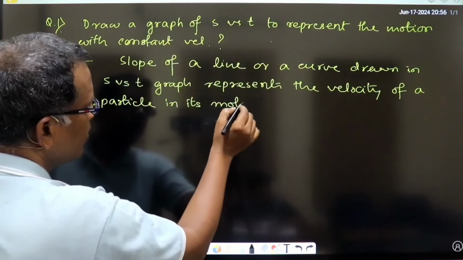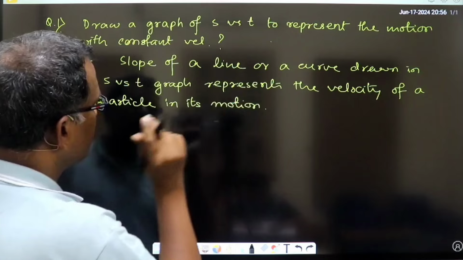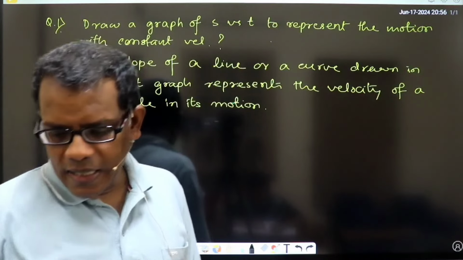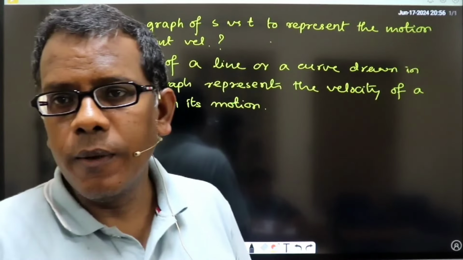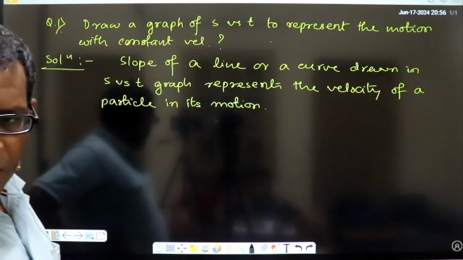Are you getting me? So the velocity of a motion will be decided by the slope of the ST graph.